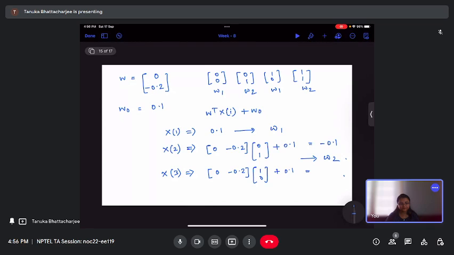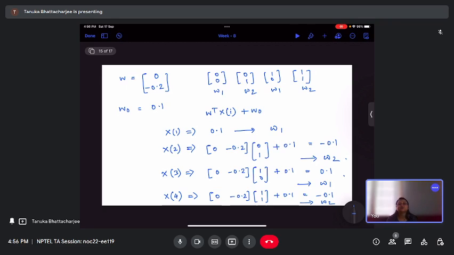So again you are getting 0.1 positive. So you classify in omega 1. And the last one, you are getting minus 0.1 negative. So you classify in class omega 2.